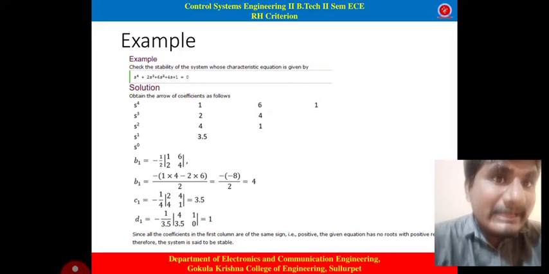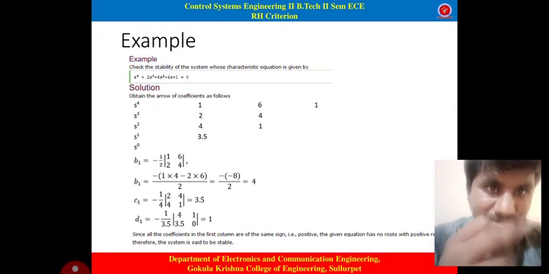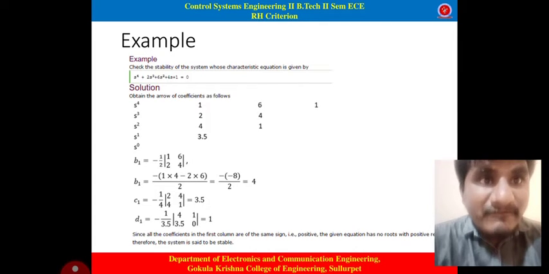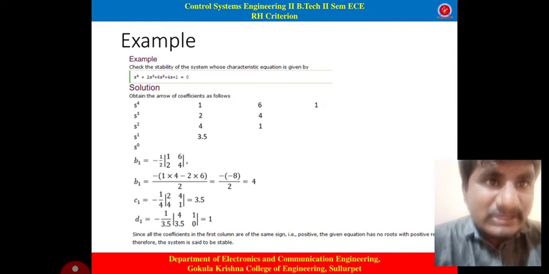Actually, before calculating c1, we have to calculate b2 also, which is 1 here in the s square row. You observe after 4 there is a 1, yes or no? So how to calculate that one? In the top two rows, 1, 6, 1 is there, and 2, 4, 0 is there.